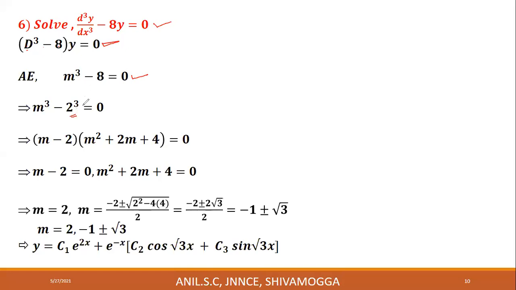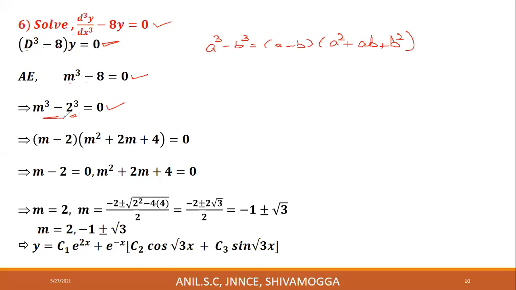So m cube minus 2 cube is equal to 0. Now this takes a cube minus b cube form, and we know that a cube minus b cube is equal to a minus b into a square plus ab plus b square.